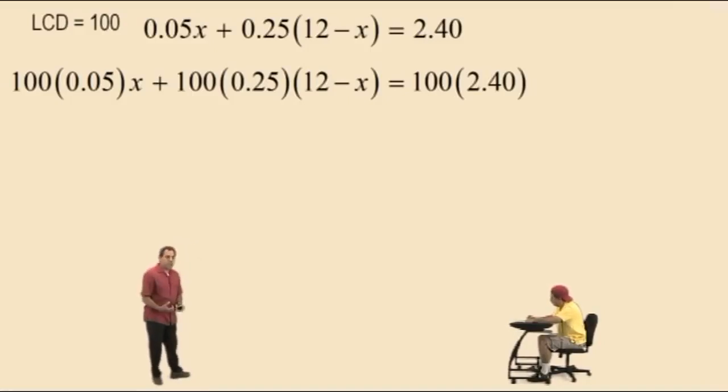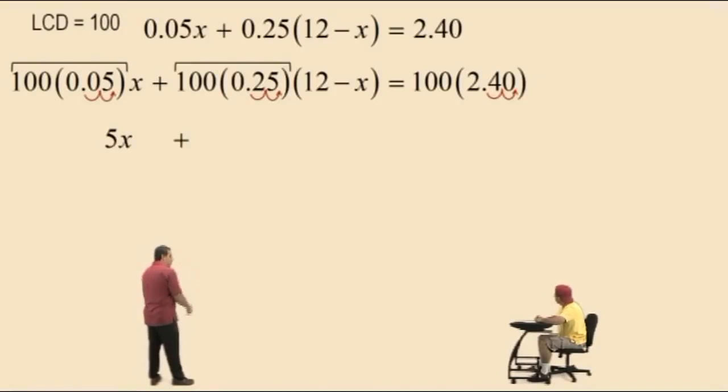Now remember, multiplying a decimal by 100 moves the decimal place 2 places to the right. So we'll first start with 100 times 0.05. And that gives you what, Charlie? 5. But don't forget, it's 5 times x. Now for the next part here, 100 times 0.25 is what, Charlie? 25. It's 25 times the quantity 12 subtract x.